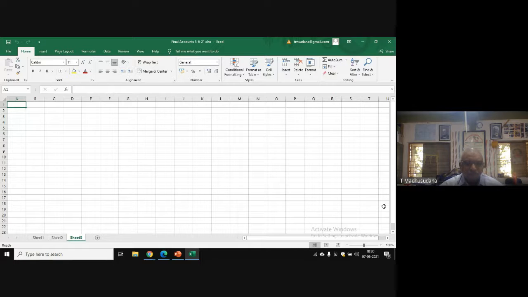So these items that appear in the adjustment column will appear in two places. Always remember that. Number one, closing stock. Closing stock will appear two times. One time in trading account credit side, another time in balance sheet asset side.